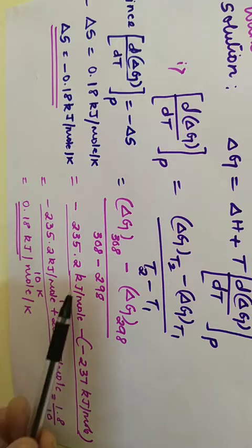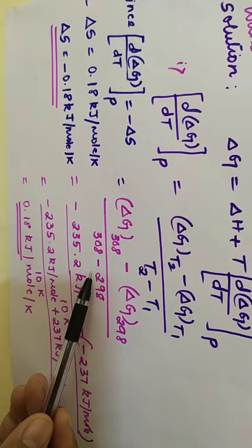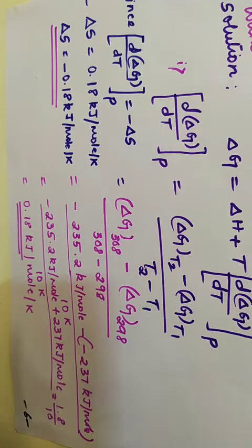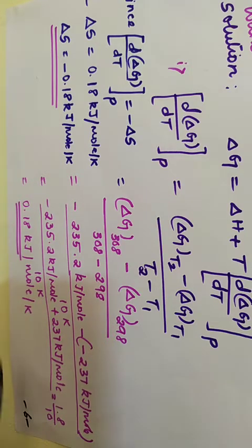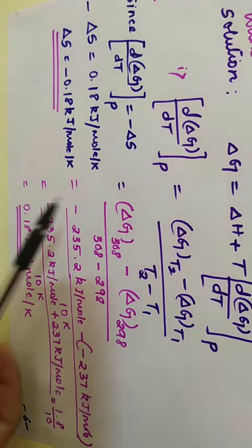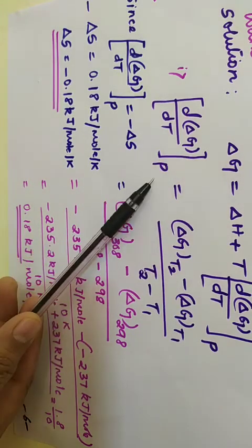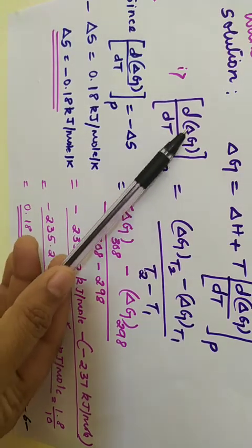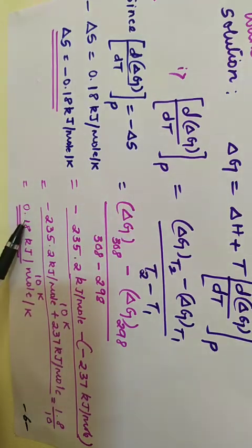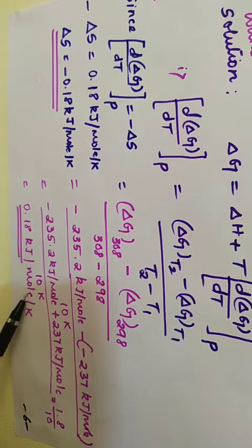And 308 minus 298 is 10 Kelvin, and if you solve this, then we have the final value 1.8 by 10. It is 0.18 kilojoules per mole per Kelvin. So this will give the d by dT of delta G at constant pressure. So d by dT of delta G at constant pressure is 0.18 kilojoules per mole per Kelvin.